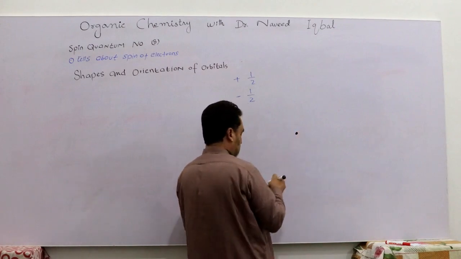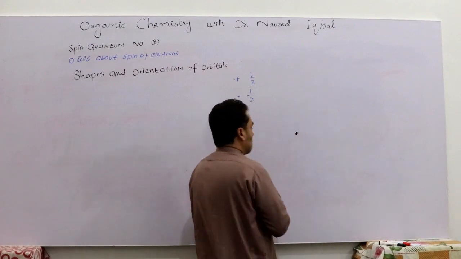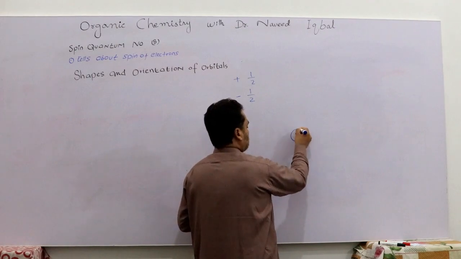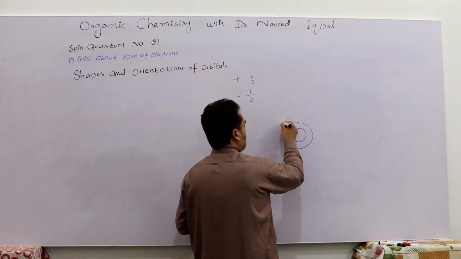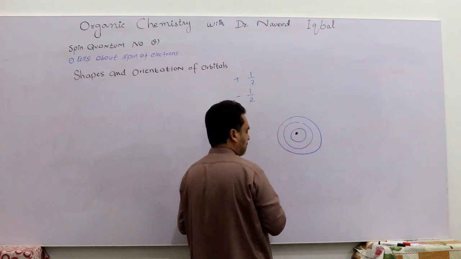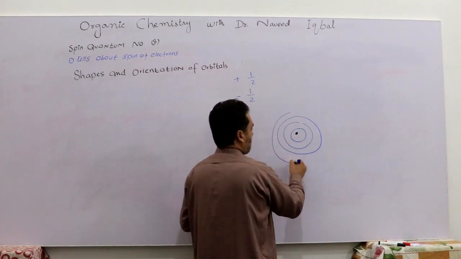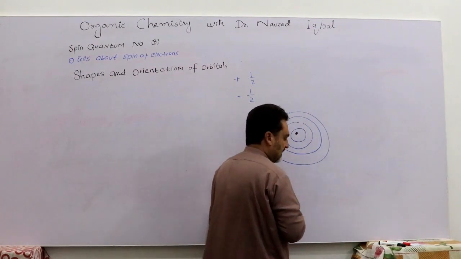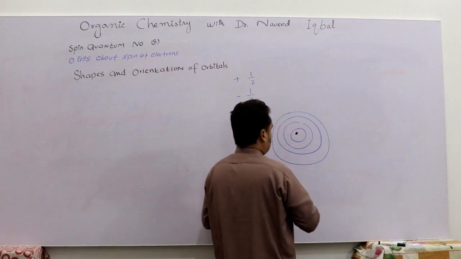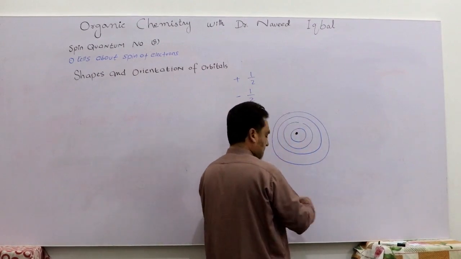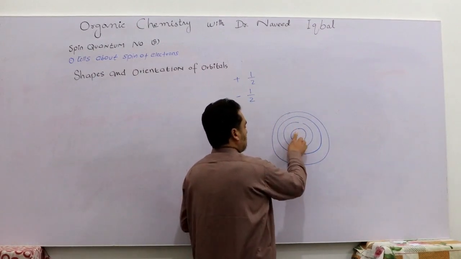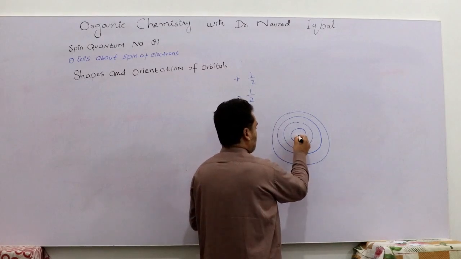Suppose this black dot is a nucleus. These are some shells, with the nucleus right in the middle.